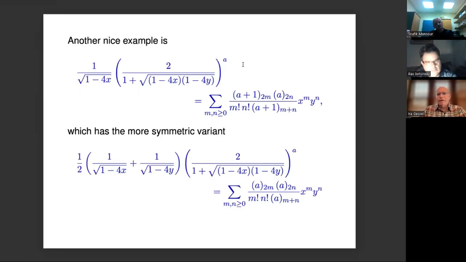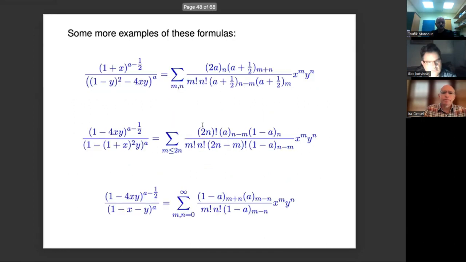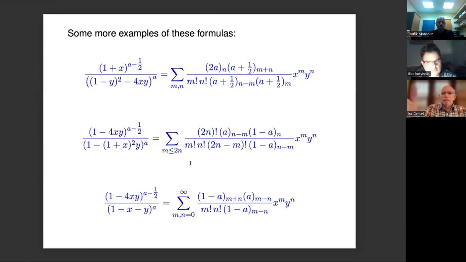So if we take the second formula here, take a equals b plus 1 and make b a non-negative integer, we get this very nice looking integer factorial ratio. And again, as I mentioned, these are essentially the super ballot numbers. So here are some more examples of formulas like this. For particular values of a, they won't always give you positive integers.